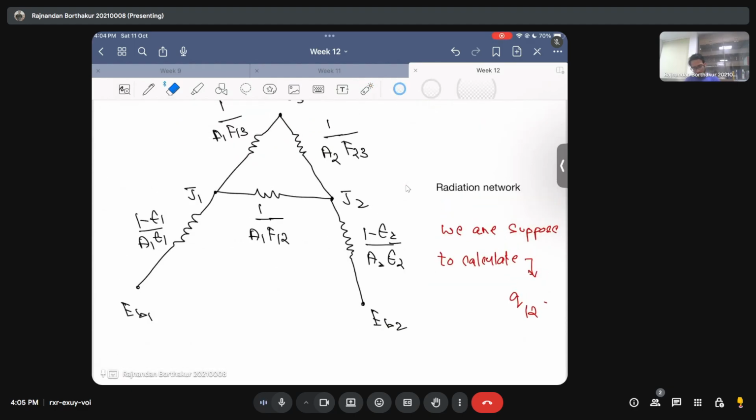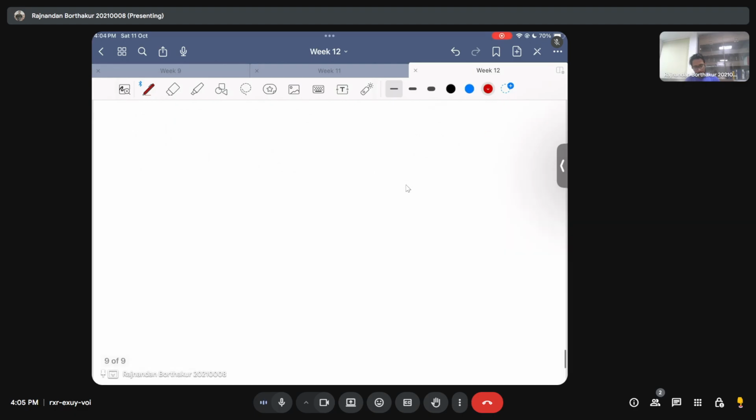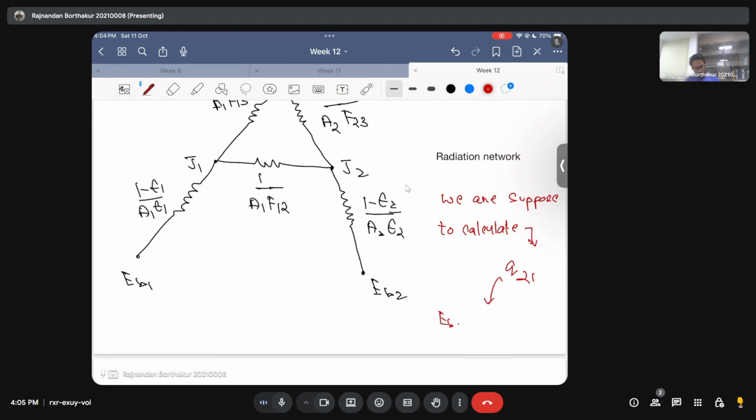So this is going to be Q21 precisely, which means this is just EB2 minus J2 divided by (1 minus epsilon 2) by A2 epsilon 2. For which we require this quantity J2.